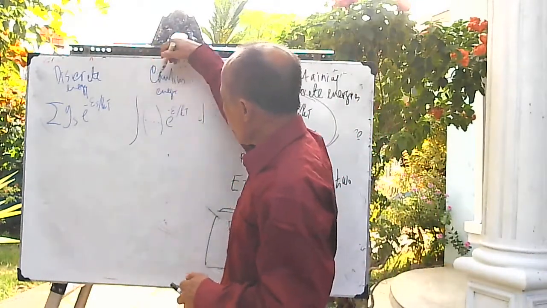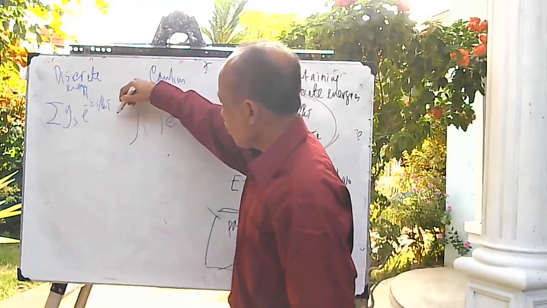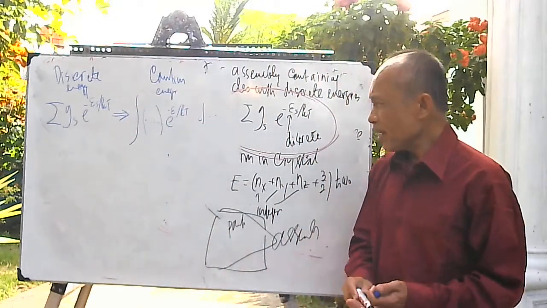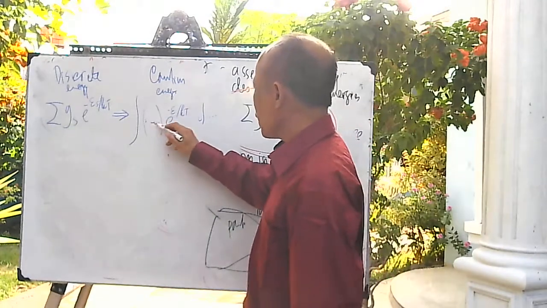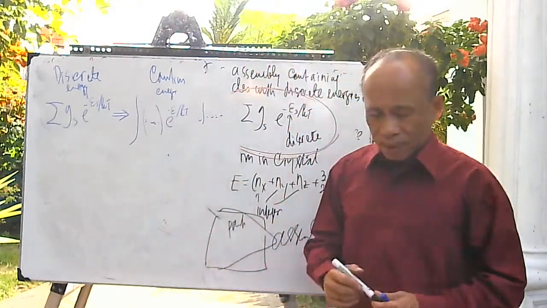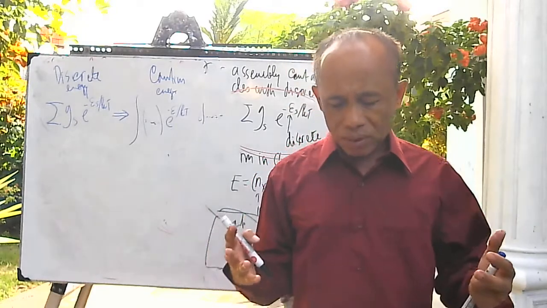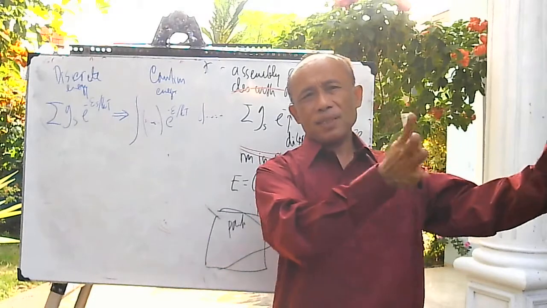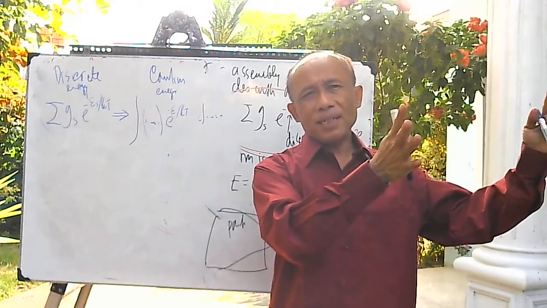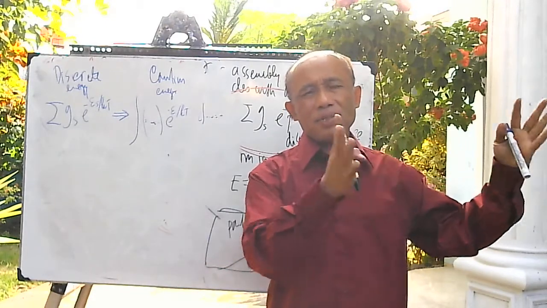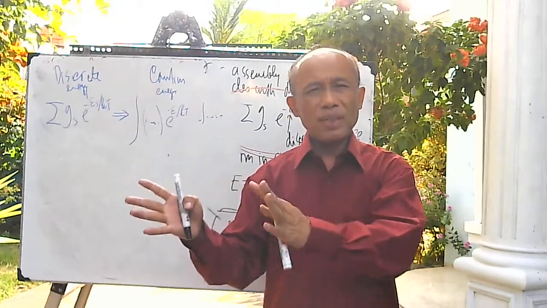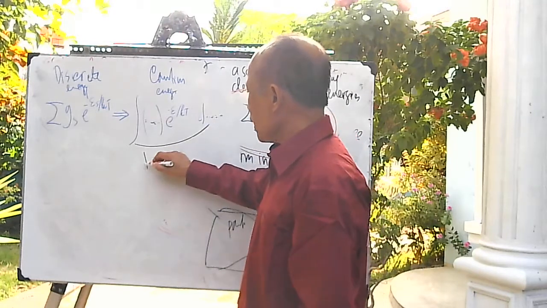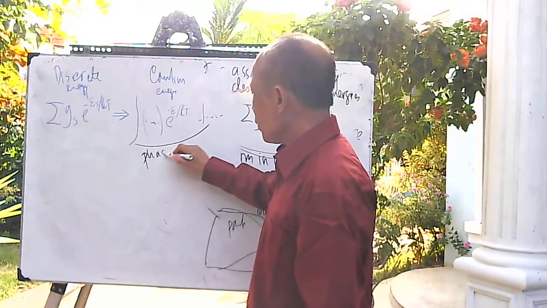So, for an assembly having continuum energy, we have transformed from this summation into this integral. Now the problem is how to calculate this one. When we discuss an assembly containing particles, if we transform from the summation into the integral, it means that we transform into the phase space. This integral must be calculated in phase space.